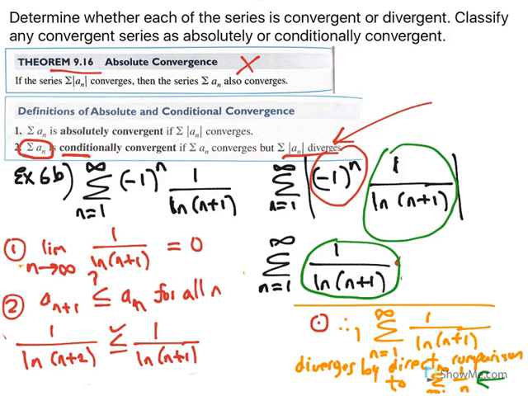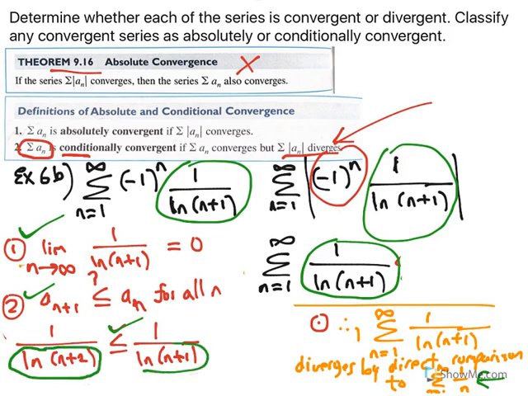So when we look at the alternating series test, we check for these two conditions. The limit of a sub n as n goes to infinity is 0. And then you can verify that a sub n plus 1 is less than or equal to a sub n for all n. And that is true because the fraction with the larger denominator will be smaller than the fraction with the smaller denominator.